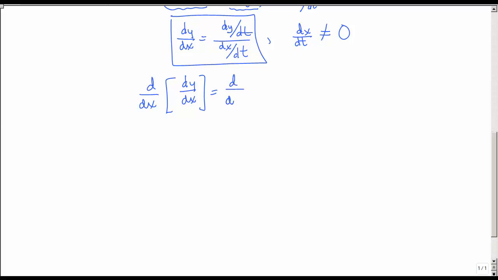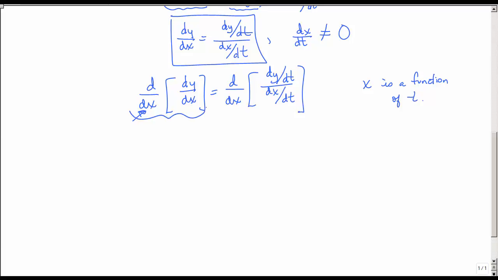So we have the derivative with respect to x of our first derivative. Well, that doesn't look too bad, but remember our second derivative is with respect to x, but x is a function of t. A little confusing, but we're going to get there.